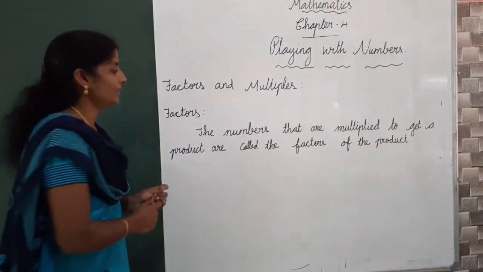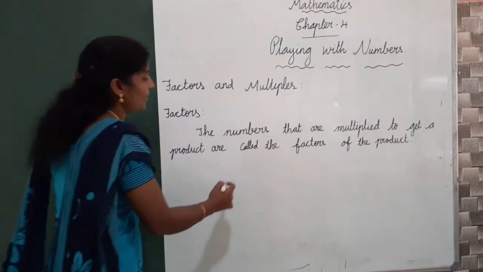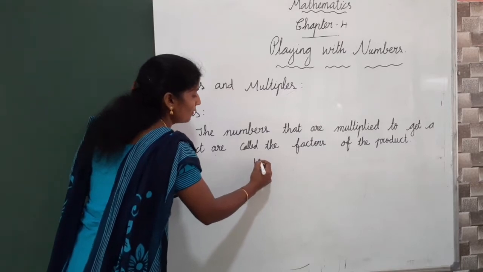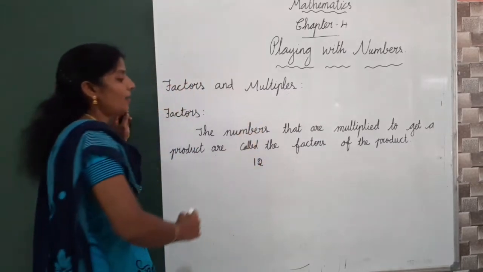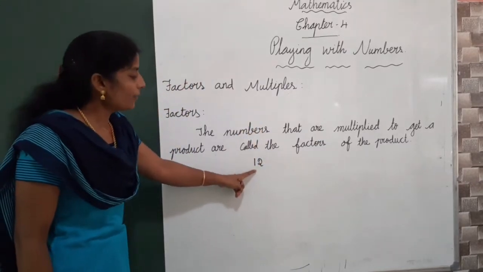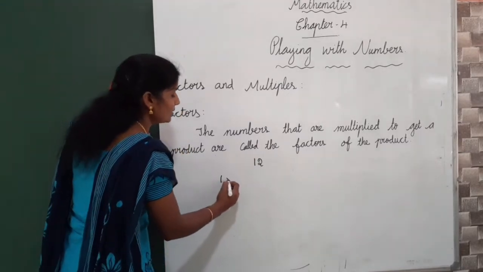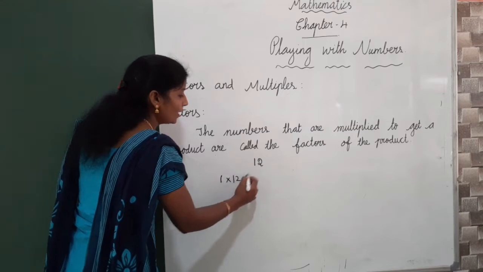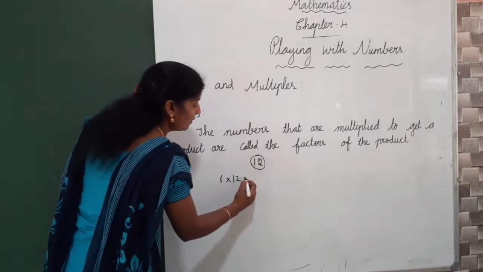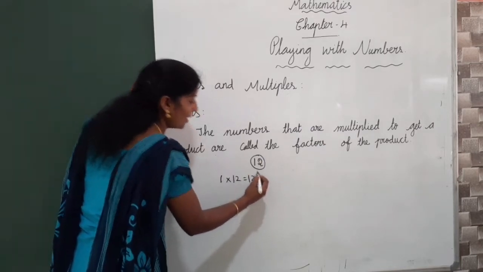For example, we can take the number 12. We can use the one table: 1 into 12 equal to 12.